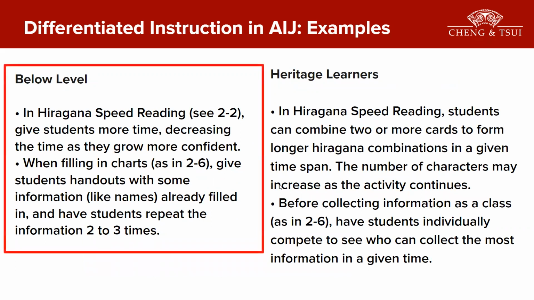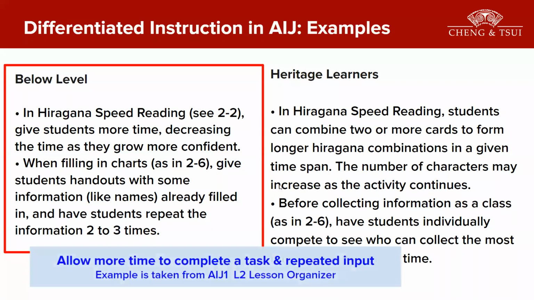In this example, below-level students are given more time for hiragana speed reading, as well as allowing for repeated input. The example is taken from AIJ Level 1, Lesson 2, Lesson Organizer.